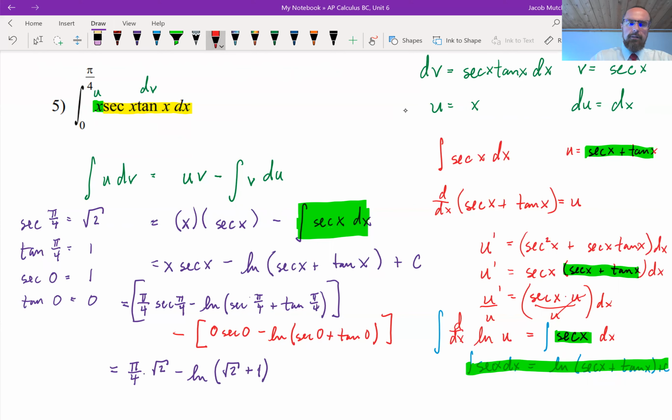Picking up with the red part, the first piece is going to zero out, and then the double negative is going to become plus natural log. Secant at 0 is 1 plus tangent is 0, so natural log of 1, and that itself has the value of 0. And so really that second term didn't amount to much. That's our value.